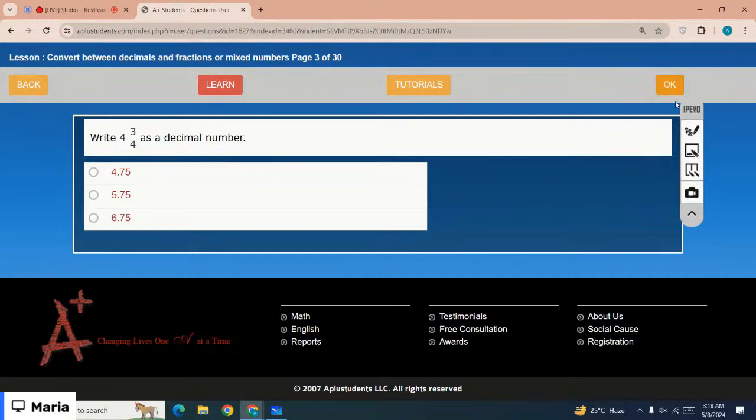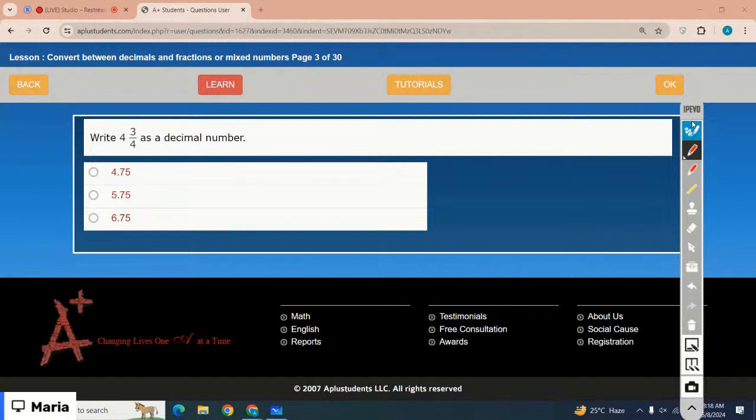Okay, 3 over 4 is the fractional part, right? Convert it into a decimal number.